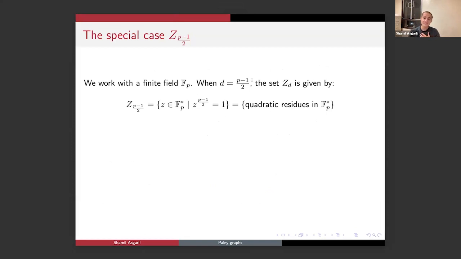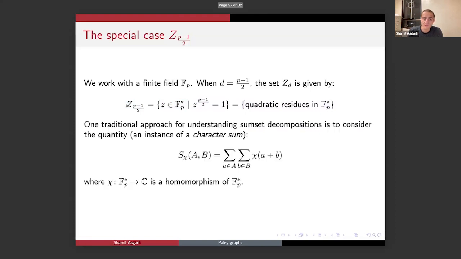Well, when D is equal to (p minus 1)/2, what is the set Z_D? By definition, it's all the non-zero elements in the finite field such that when you raise z to the power (p minus 1)/2, you get 1. But by definition, the solutions to this equation are exactly all squares in F_p star.